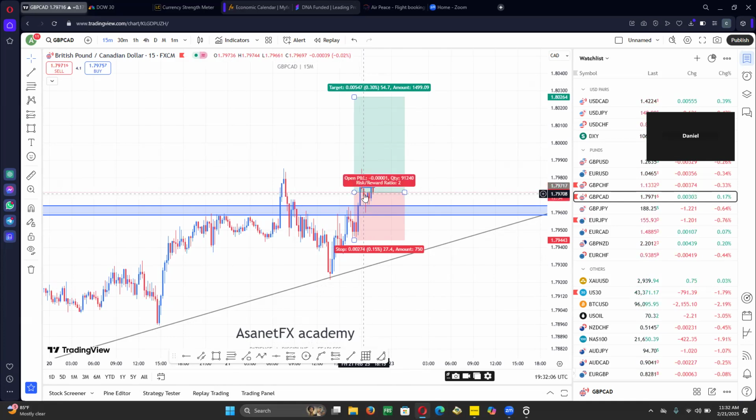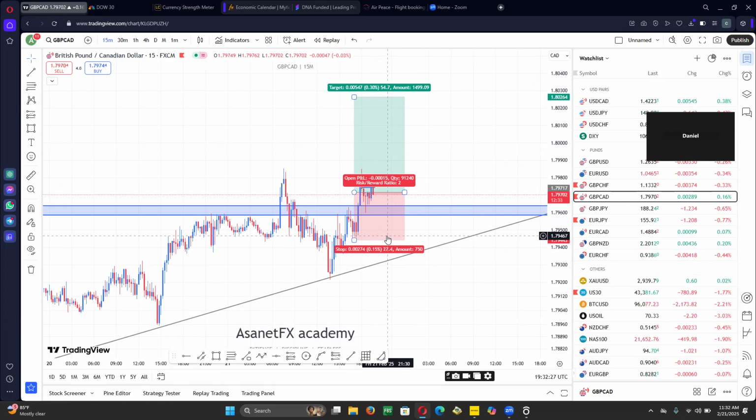Our stop loss here is 27 pips. I want to get 27.4. It means you want to risk 27 pips on this trade.